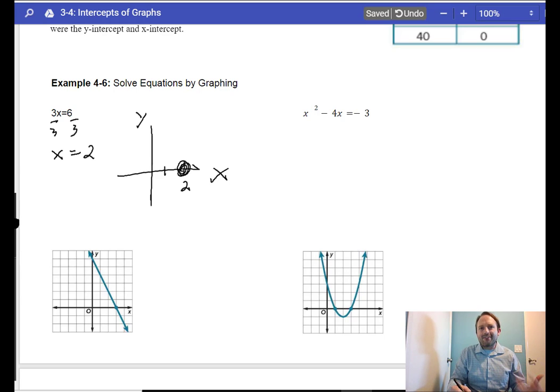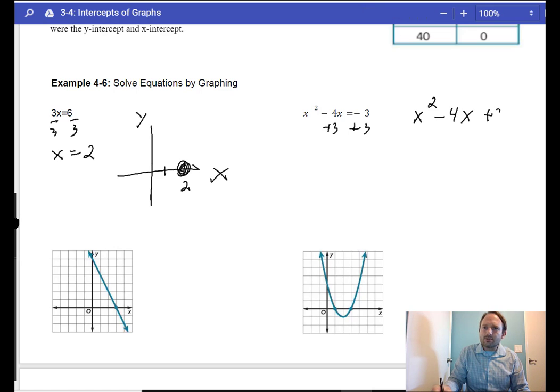Like if we had the Y. Even looking at this, if we add 3 to both sides, we get x squared minus 4x plus 3 is equal to 0. Once again, there's only one variable, so technically we wouldn't have this right here, because we don't have the y.